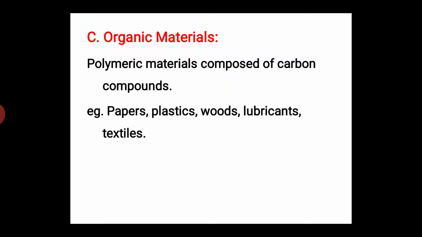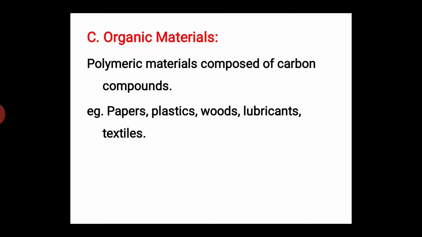The next one is organic material. Polymeric materials are composed of carbon compounds, such as paper, plastic, wood, lubricant, and textiles. After burning paper, plastic, and wood, we know that a large amount of smoke is emitted, as with the burning of fuel, be it petrol or diesel, where smoke comes out of the silencer.